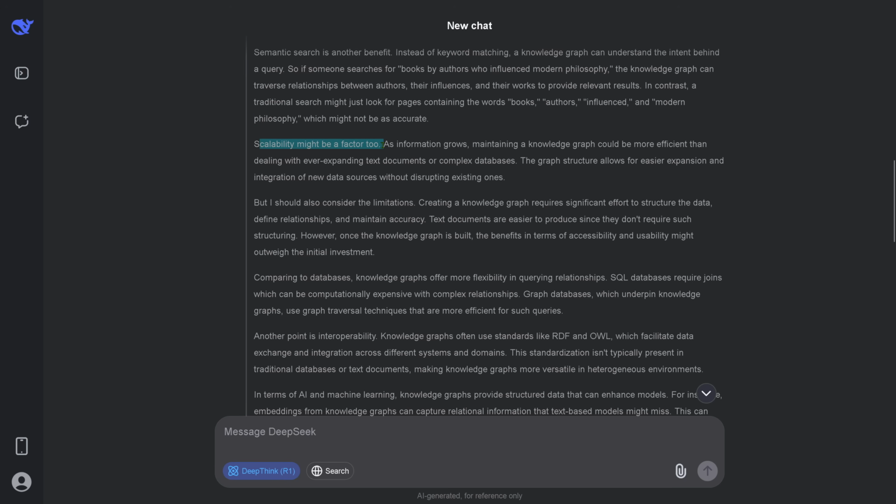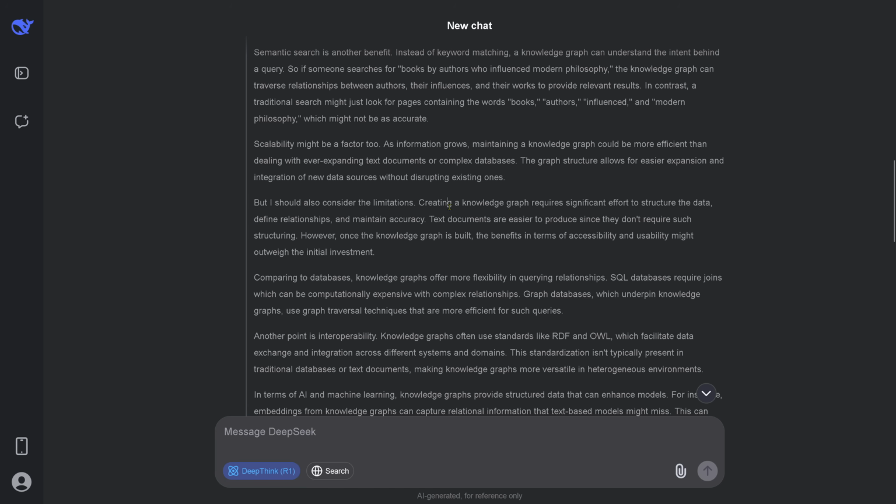Scalability might be a factor too. As the information grows, maintaining a knowledge graph could be more efficient than dealing with ever-expanding text documents or complex databases. The graph structure allows for easier expansion and integration of new data sources without disrupting existing ones. But I should also consider the limitations, tells me R1.